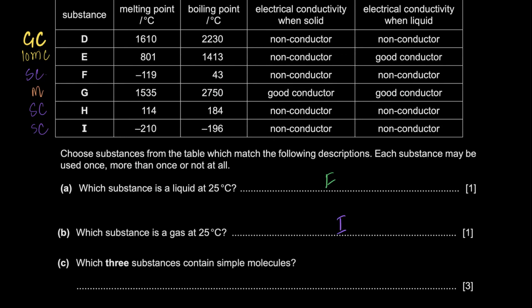Well, not me. Which three substances contain simple molecules? As we already talked about, it's pretty cool that this question showed up. It's F, G, and I. All right, I don't know why I said G. It's actually H, right?